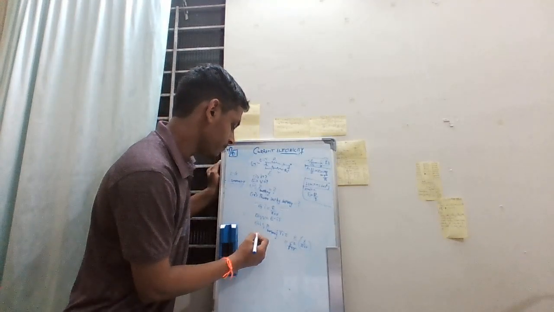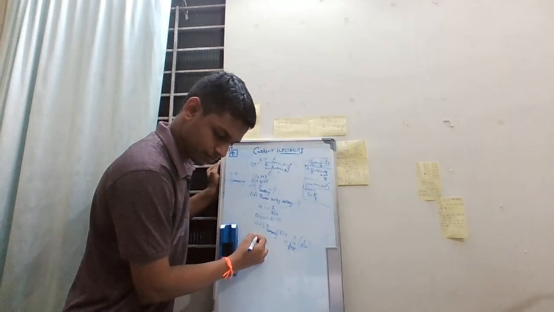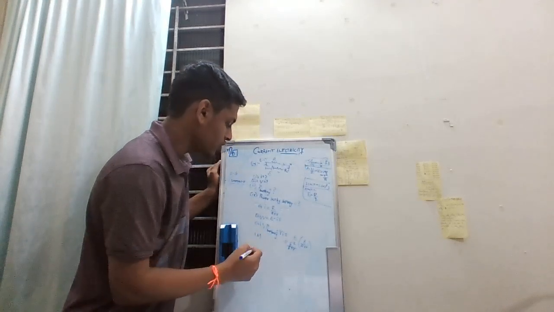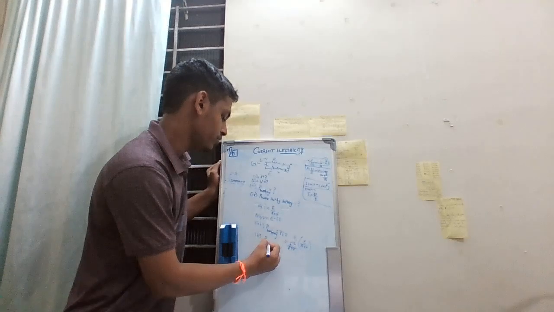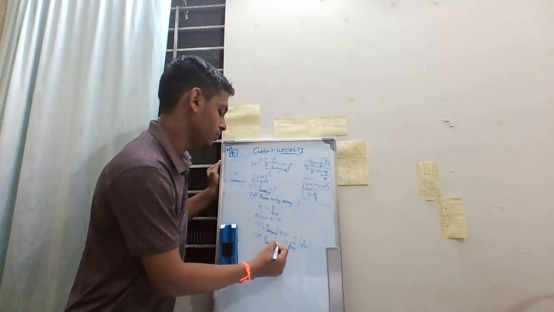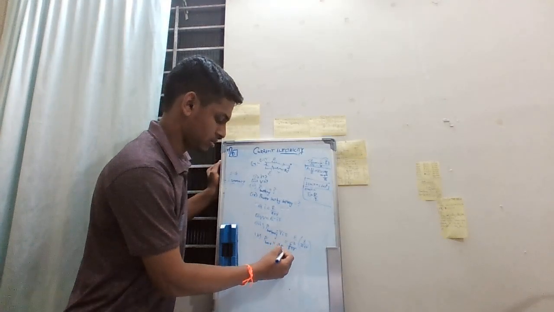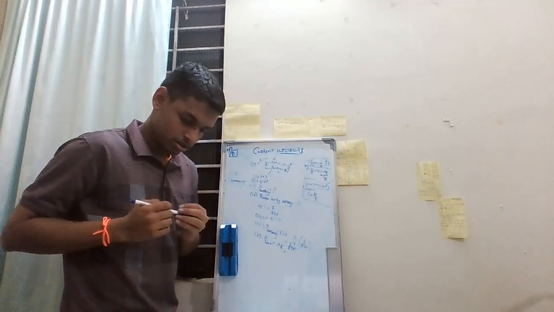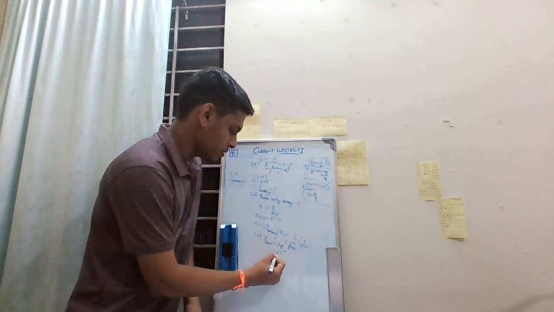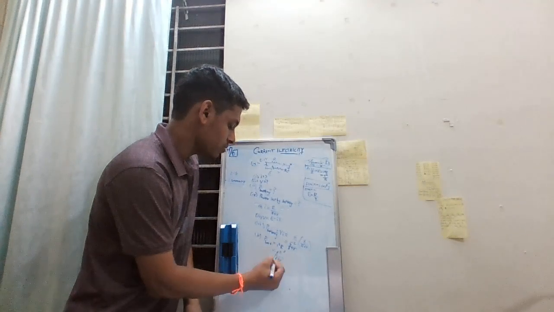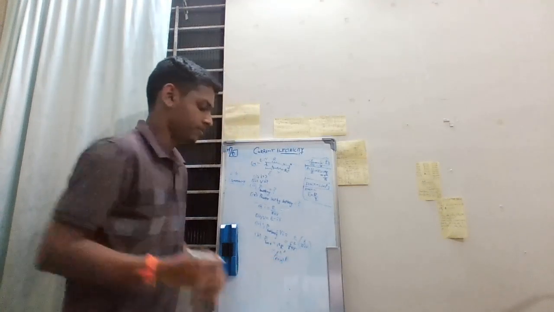Next we have the power lost by the battery. It is P lost equals I squared r. That is E squared by R plus r whole squared into r.